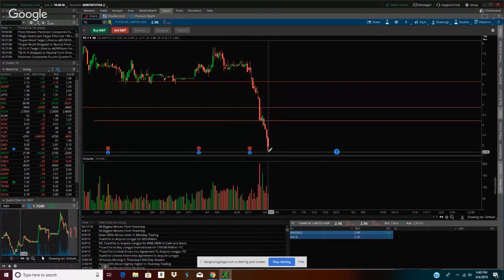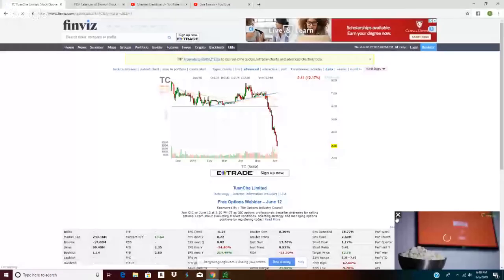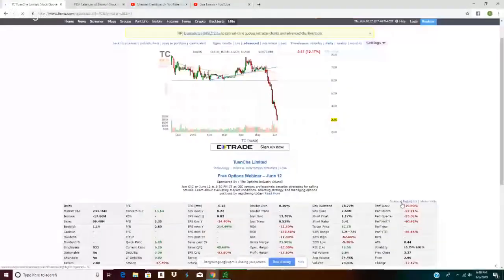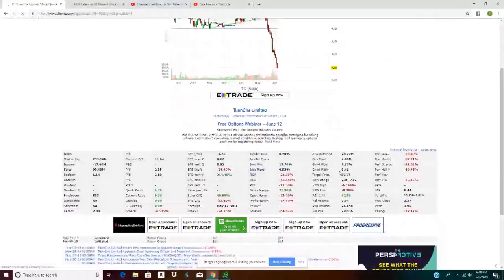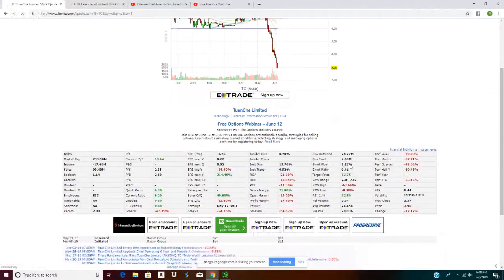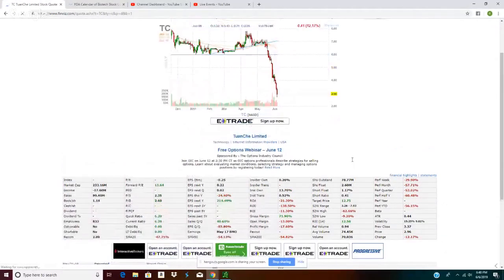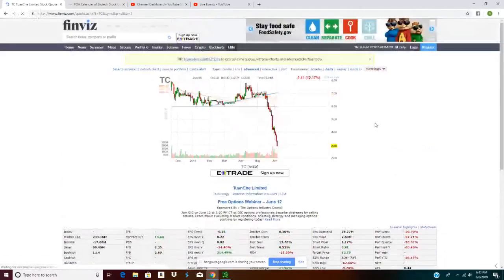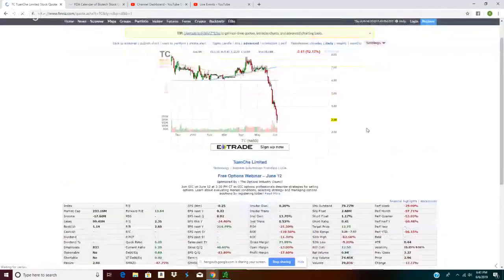But let's look over here and see. Yeah, it doesn't have a very high short interest. It does have an extremely low float. Short interest, not so much, 1.17, but I'm sure we could get more of that. I wanna go ahead and put this on the watch list for sure.